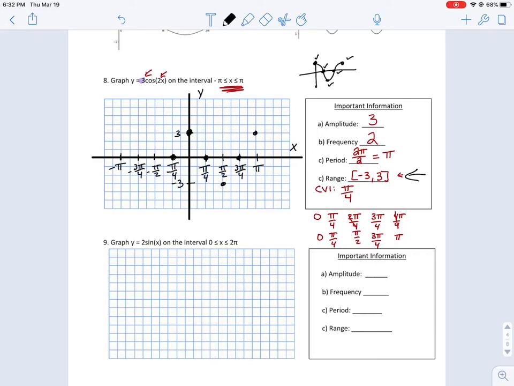Then do the same on the other side, and then you can just connect them. And that is our graph. Again, always double check you did the correct domain.